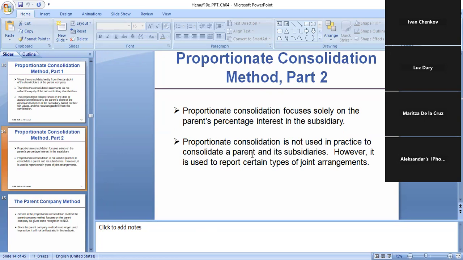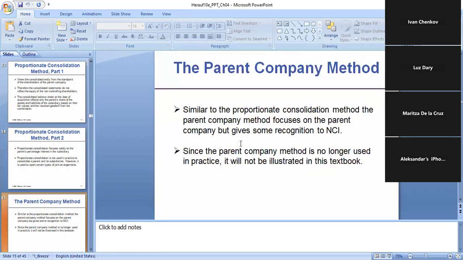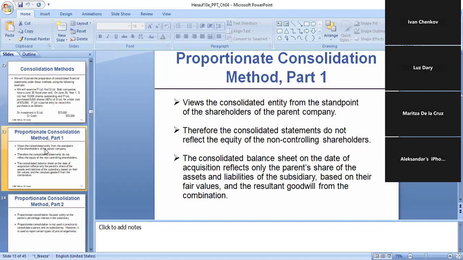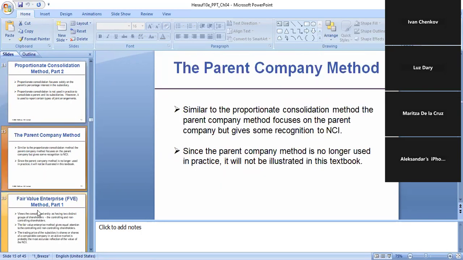The proportional method is not used for consolidating a parent and a subsidiary. However, it's used under certain types of joint arrangements. When we go to chapter 9, we're going to talk a little bit about this, but just a little bit. It's not going to be tested. The parent company method is not illustrated, so that's why I'm not spending time on the proportional and the parent methods.